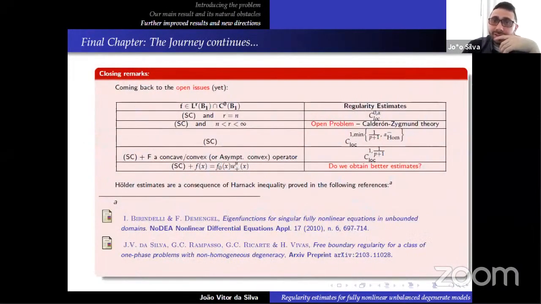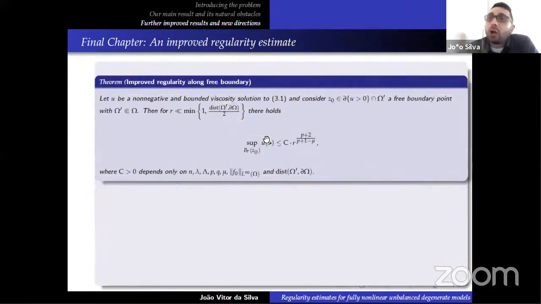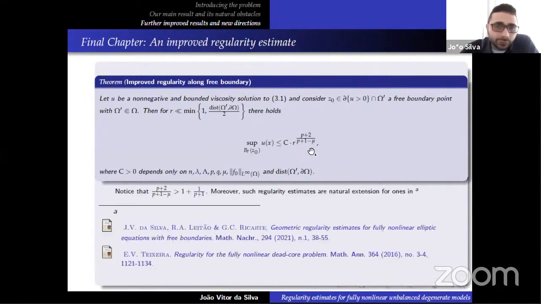This exponent is the better regularity result when you are, for example, in concave or convex operators. Then, of course, we can assume here it is concave or convex, but along free boundary points, we obtain this gain of smoothness.